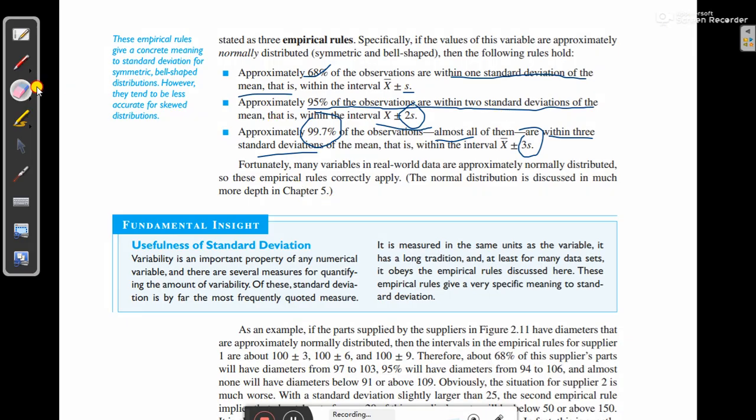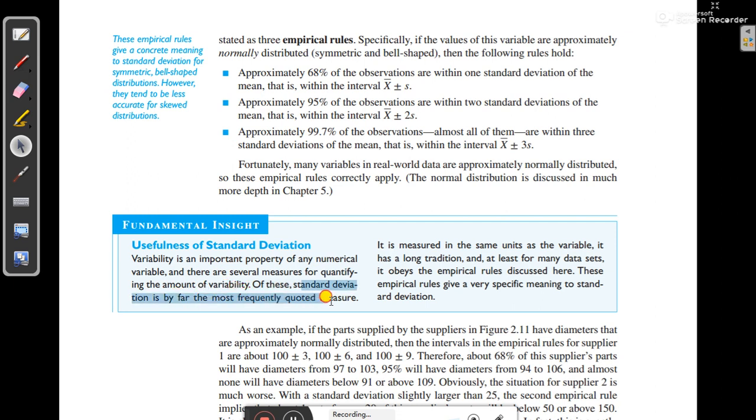Okay, so that is about standard deviation, and that is why it is very useful to find the standard deviation. Here you can see, variability is an important property of any numerical variable, and there are several measures of quantifying the amount of variability. Of these, standard deviation is by far the most frequently quoted measure. It is measured in the same units as the variable.